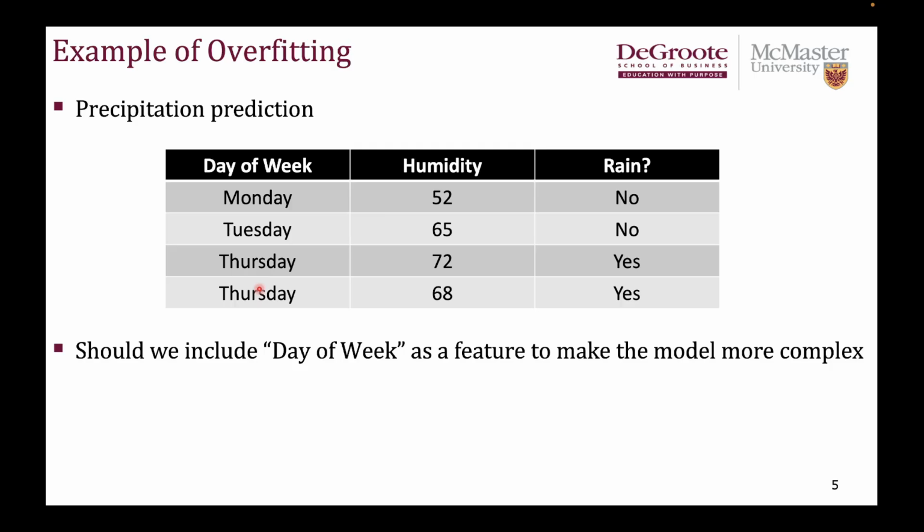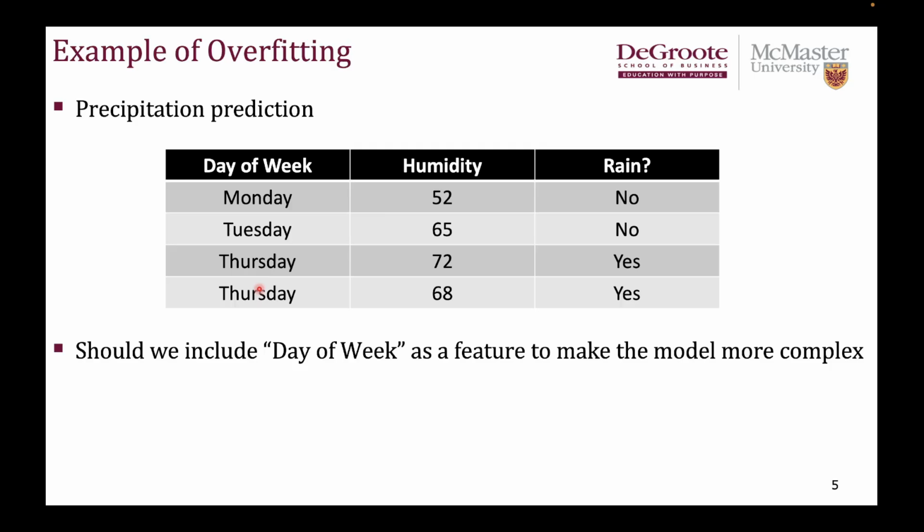Obviously it's working very well in this model, right? But the model is not going to be useful. Imagine that you get another set of data points as a testing data set. Very likely, Thursdays are not going to be more likely to have rain than any other day of the week, right? And the testing performance is going to be poor, right?